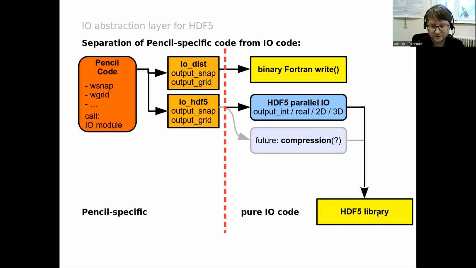Of course, the IO with HDF5 could be improved in future iterations of the pencil code, for example with compression, or maybe there will be an HDF5.6 format in the future, but time will tell what happens here.